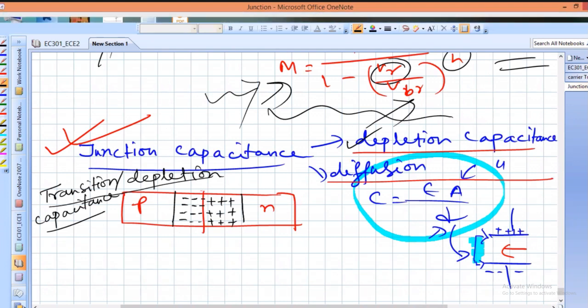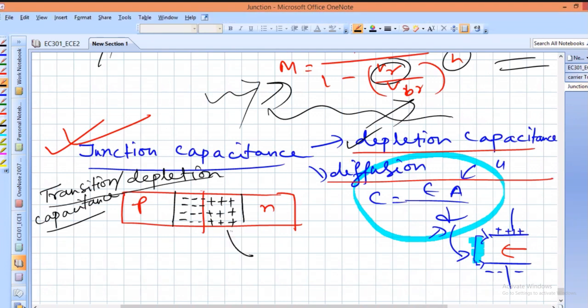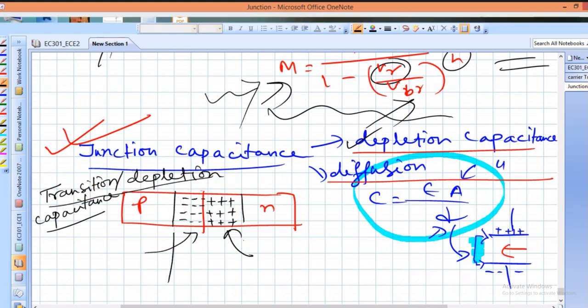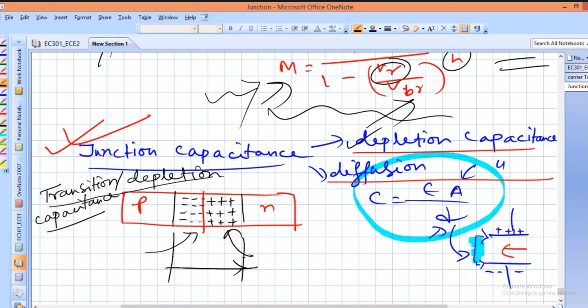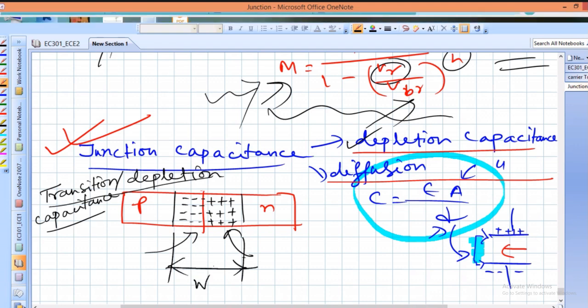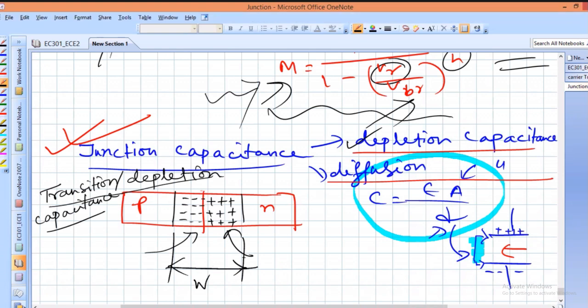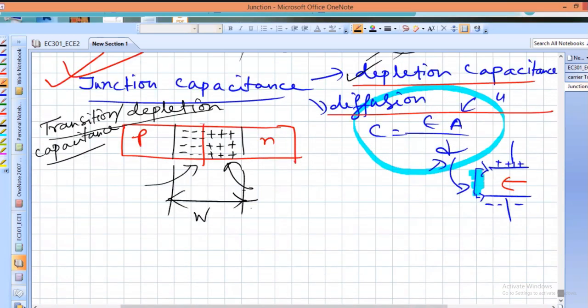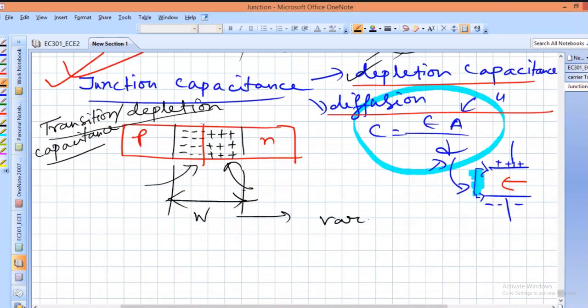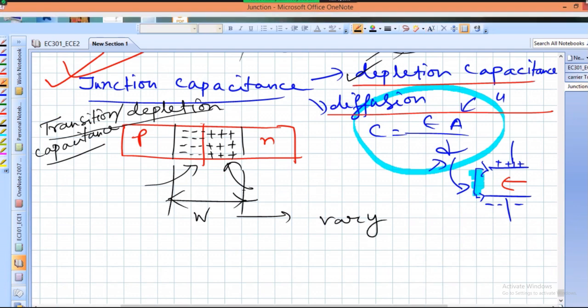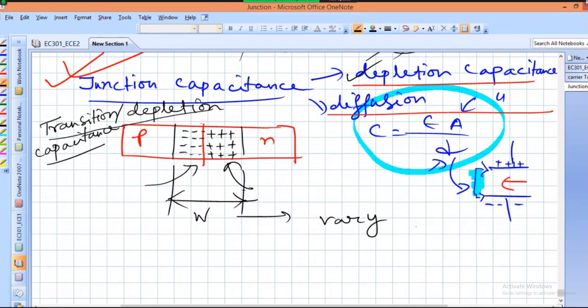I will here show you the positive charge and negative charge. You know that this is nothing but the depletion region. And the width of the depletion region we can vary by applying bias.